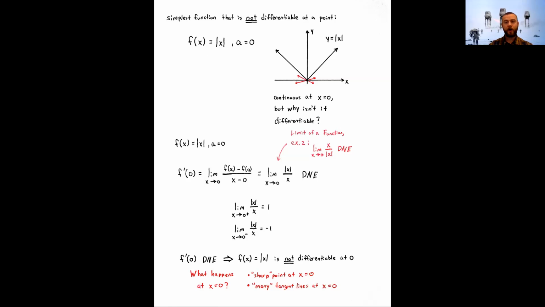So what's really going on, what's making this function not differentiable, is the sharp point in the graph and the presence of multiple, technically infinite numbers of tangent lines here. They all have different slopes. All right, that'll play into this.